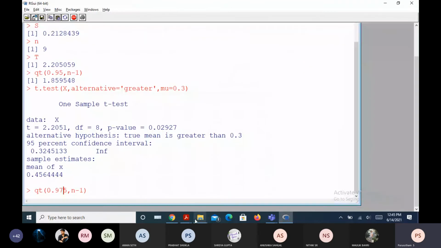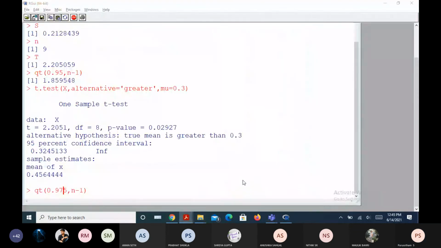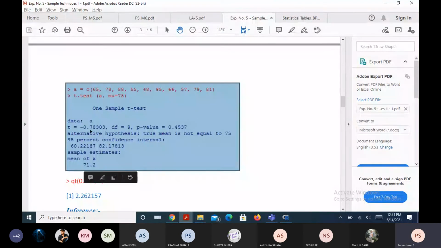Minus 0.78303, using the t.test formula or the syntax. What is the t value we got? Minus 0.78303.